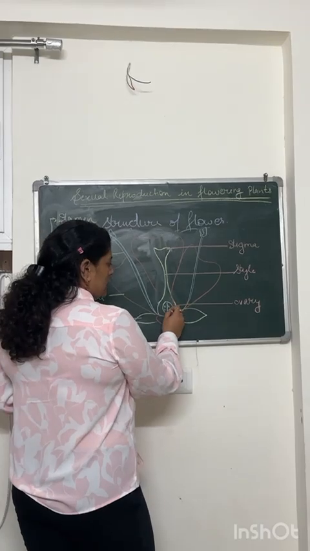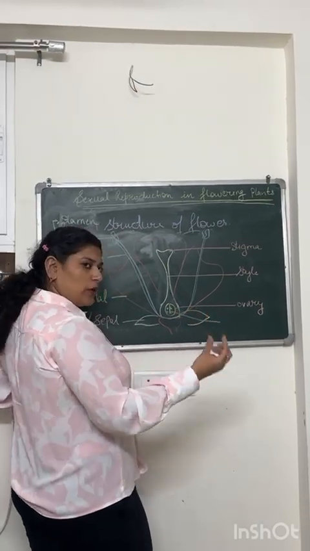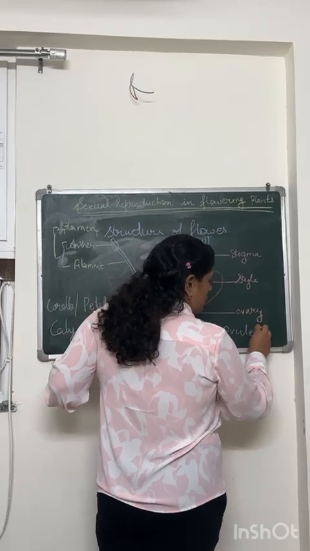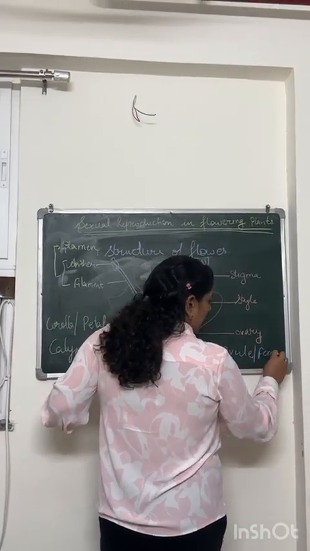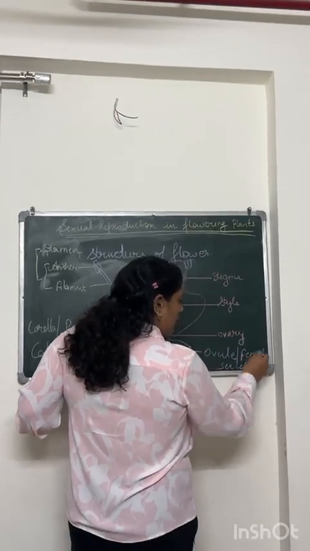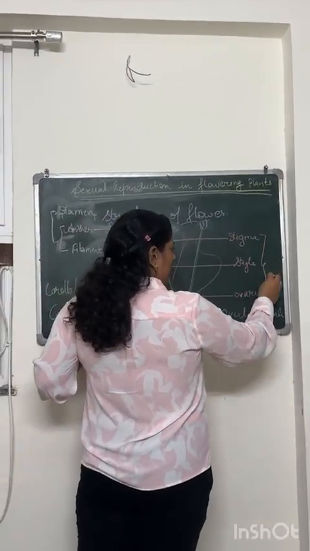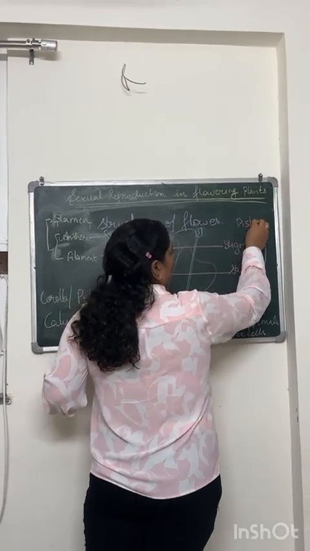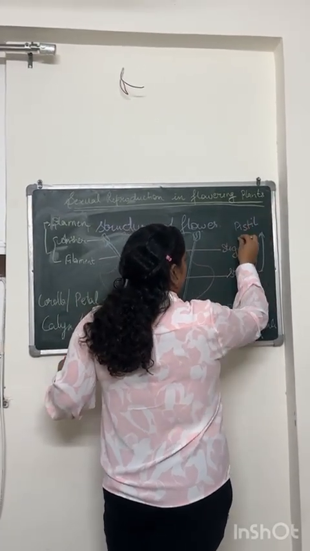This is the ovary. Inside the ovary, small globular structures are present. Those structures are known as ovules or female sex cells. Right? So these three parts together are called the pistil, or you can say gynoecium also.